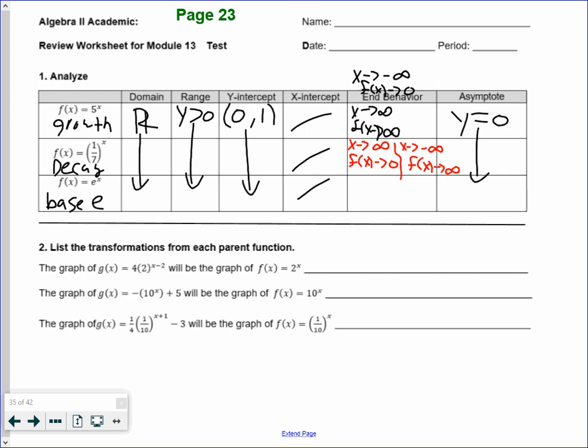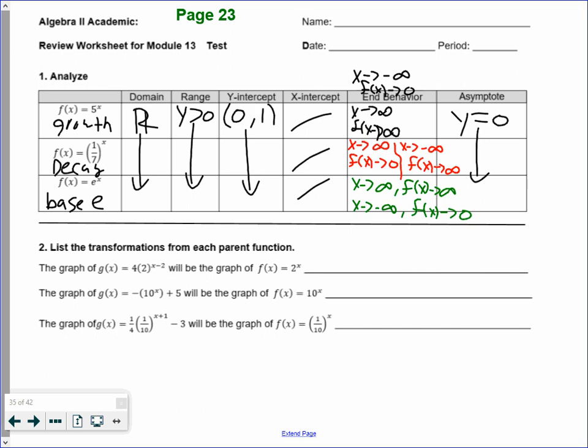And lastly, for the base function of e, as x goes to infinity, f of x goes to infinity, and as x goes to negative infinity, f of x goes to 0. It's the exact same thing as a growth function, since a base E exponential function is still a growth function. So they're both the exact same thing.